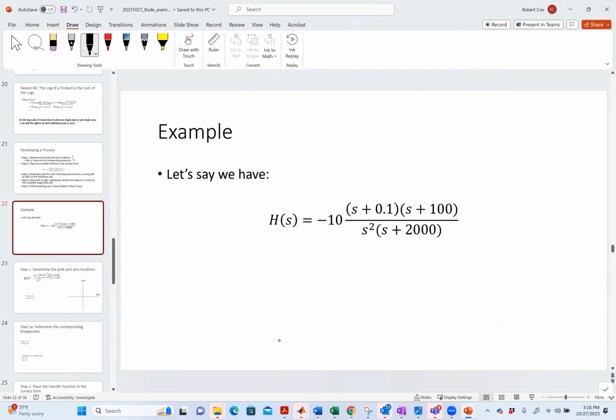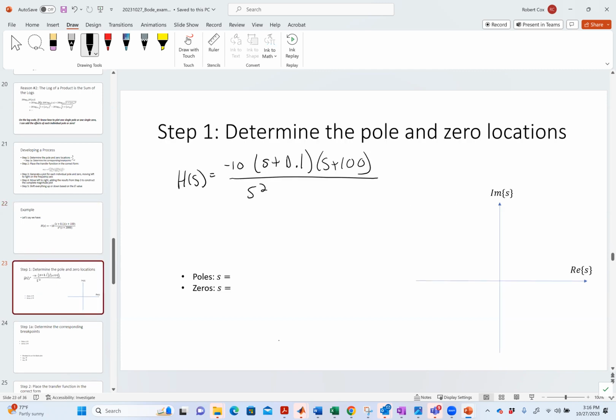And then I got an s plus 2000. Like that. So what do I do? Poles and zeros, first step. What are my poles and what are my zeros? I got a pole at -2000 and I have two poles at 0.